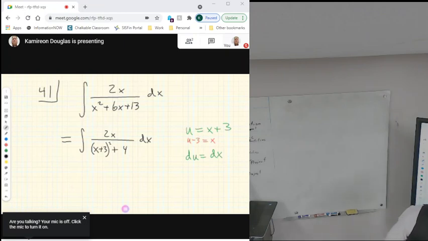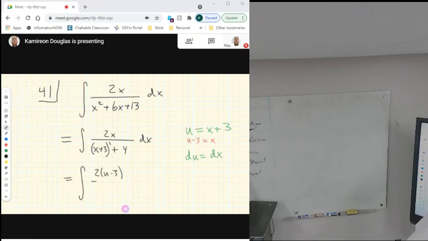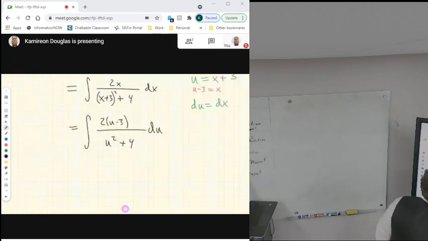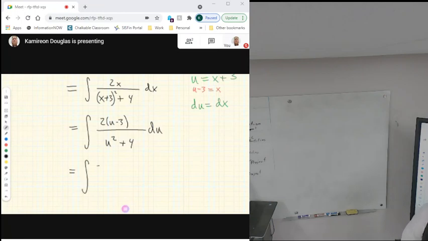So this integral becomes 2u minus 3 all over u squared plus 4 du. Then I split this into two integrals: the integral of 2u over u squared plus 4 minus the integral of 3 over u squared plus 4.